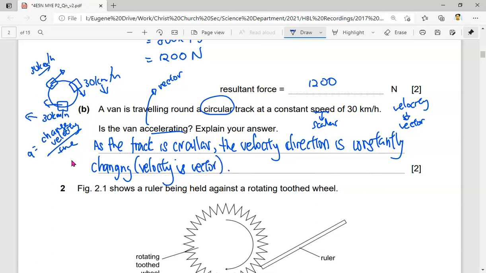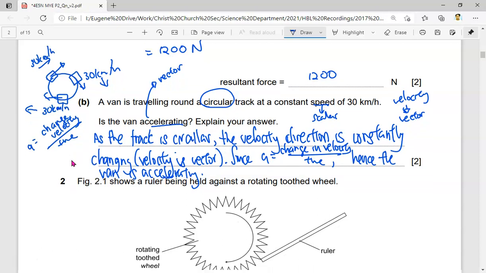The concept of vector is quite important. Hence, sorry, let me erase this out. Since acceleration equals to change in velocity over time, comma, hence the van is accelerating. Okay, so really the key idea here is about the direction part. I say again, the thing here is really about the direction part.